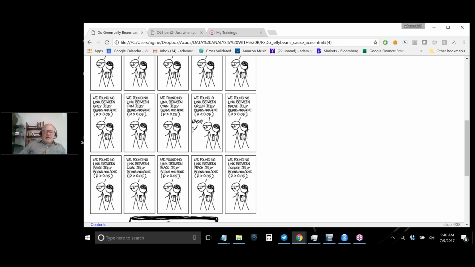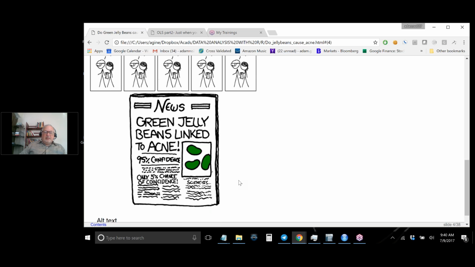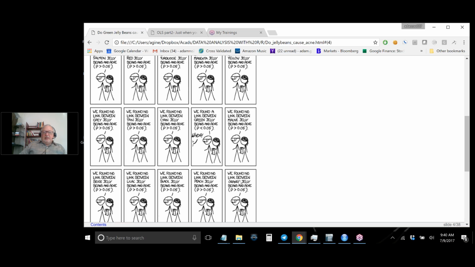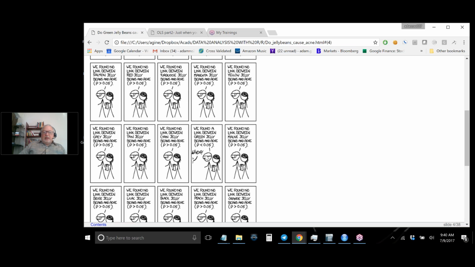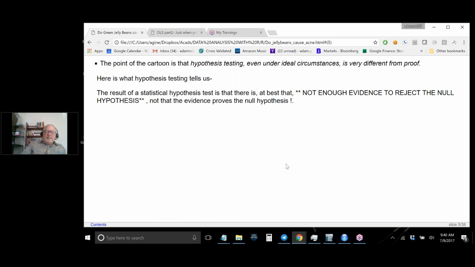And it continues, and not accidentally, they go through 20 different colors. And the headline is, green jelly beans linked to acne. And the point is, it's supposed to be funny, because if you have random data, and you're looking at a 95% confidence level, in other words, a significance level p less than 0.05, 1 in 20 times you're going to find it. So this is a nerd joke about statistics, and we're going to investigate that.